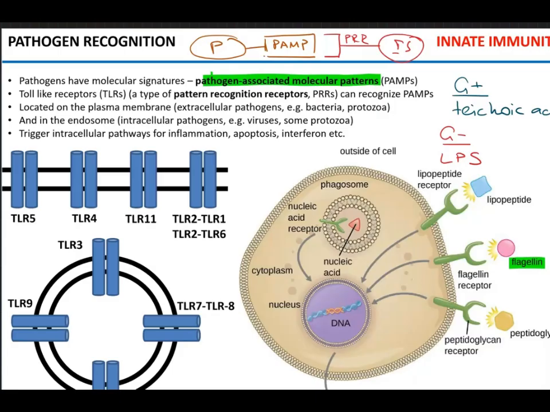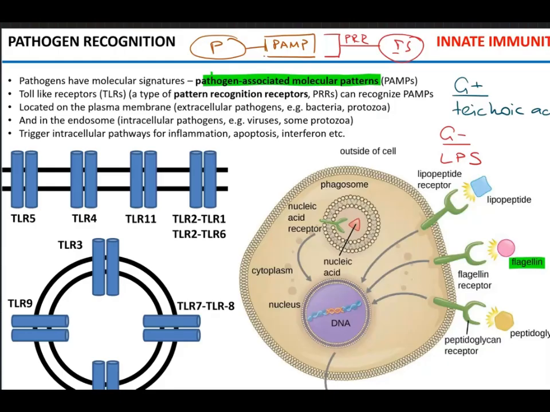Does that make sense or not? I'm not going to move on until I get confirmation from everybody. So to restate it, the pattern recognition receptor is just a receptor that's found on our cells. On our cells. Yes. Cool. And it recognizes those pathogen-associated molecular patterns. I see. Okay.